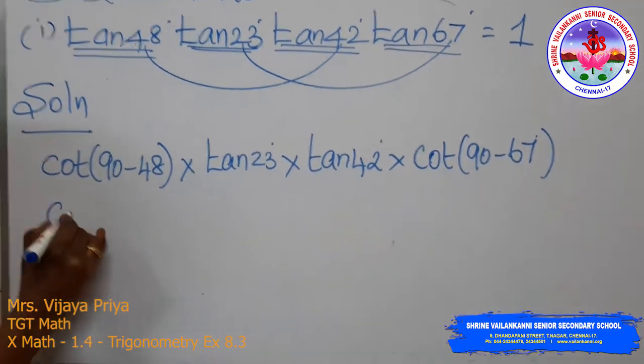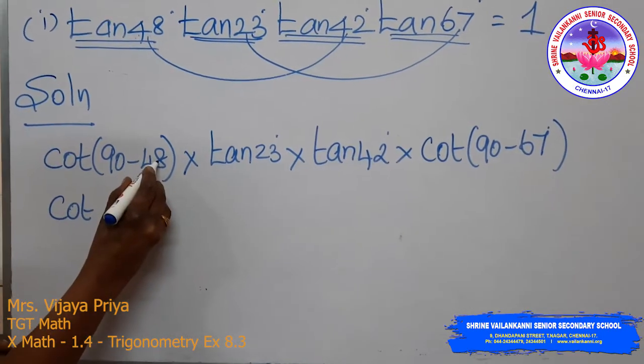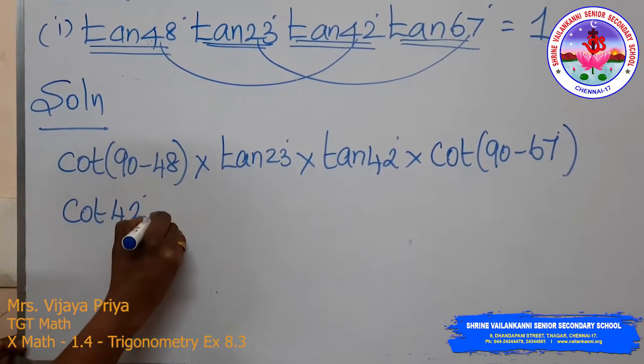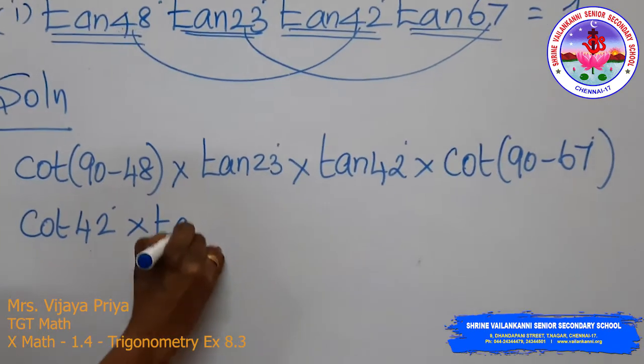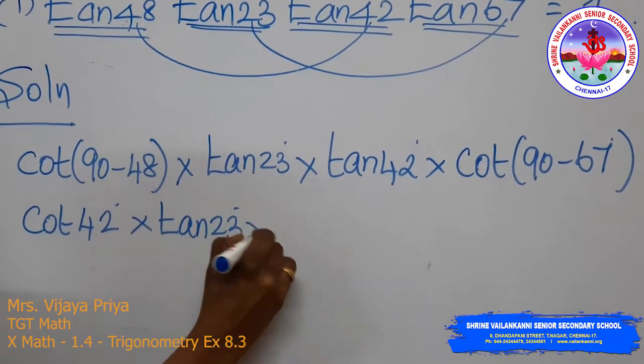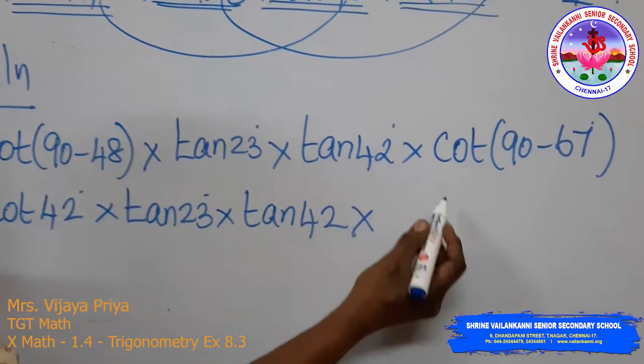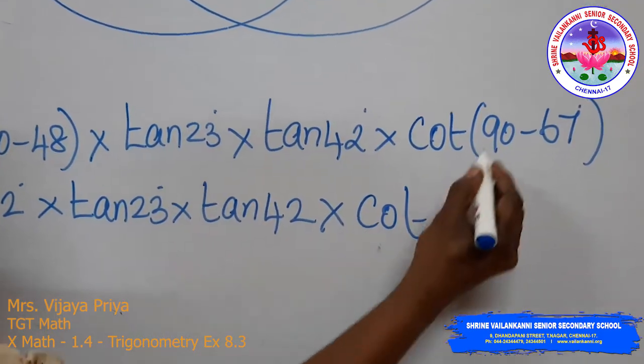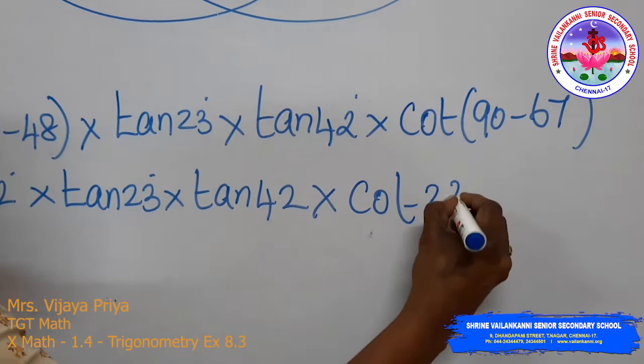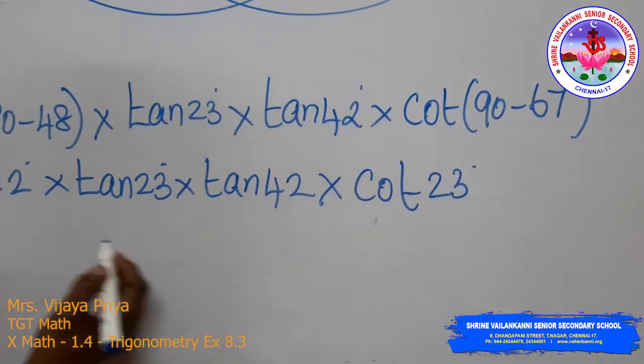Now cot 90 minus 48 is 42 degree into tan 23 into tan 42 into cot 90 minus 67 will be 23.